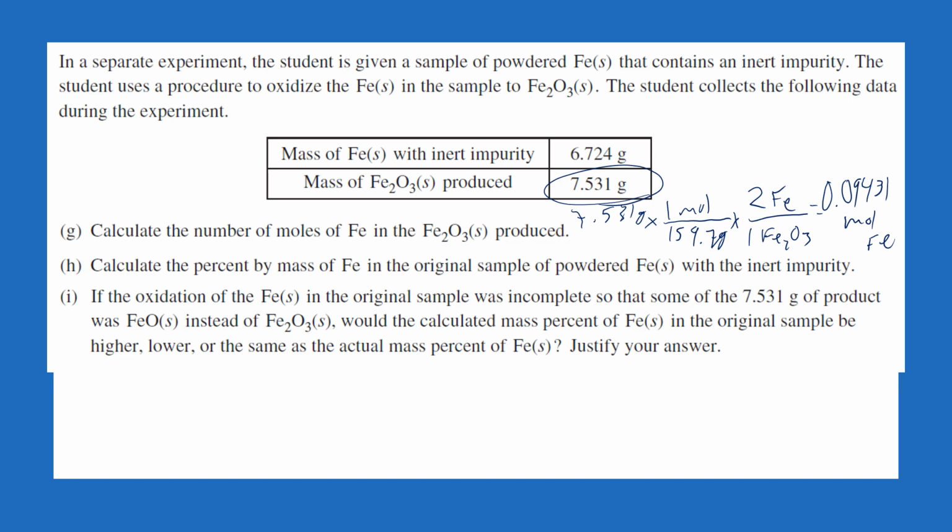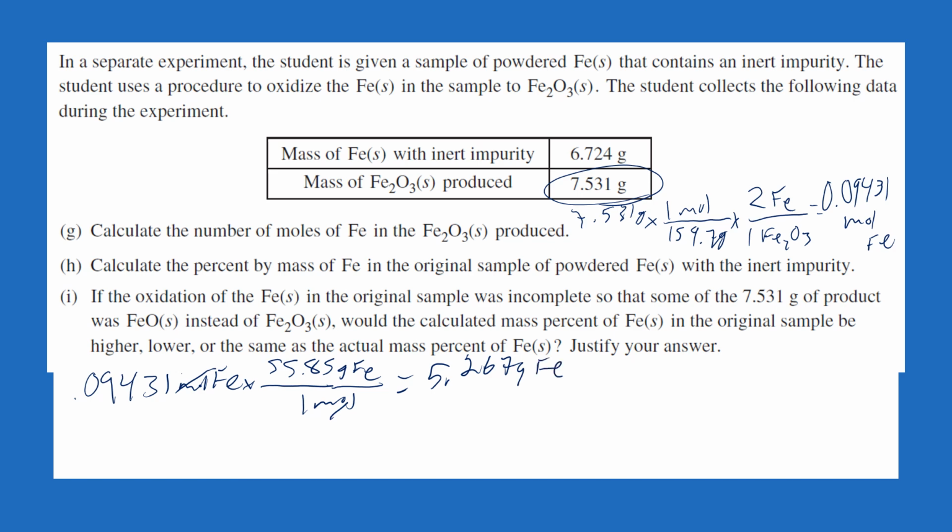And then for part H, we want to calculate the percent by mass of iron in the original sample. So now we want to use the moles of just the iron that we found, convert that to grams of just iron using the molar mass of iron, 55.85 grams of iron. And we get 5.267 grams of just iron.